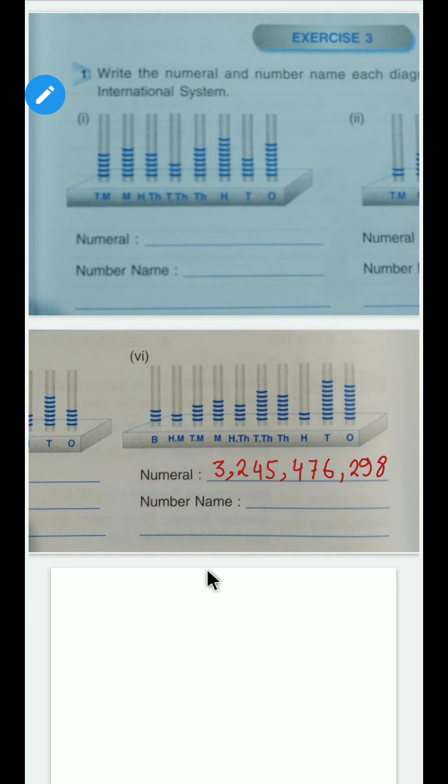So how to read this number? This 3 belongs to billions room, so this will be 3 billion, and 245 belongs to the million room. That means this will be 245 million.